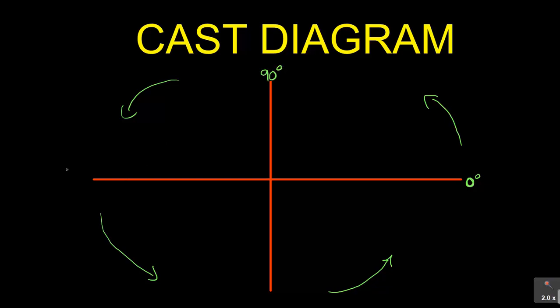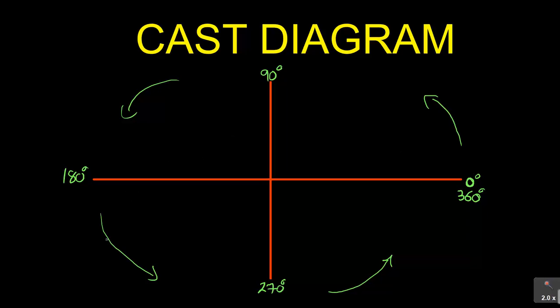From 90 degrees we go to 180 degrees. From 180 degrees we go to 270 degrees. And from 270 degrees we return back to where we started from, which is now 360 degrees. We call that a complete cycle or a complete revolution. So this is how we're moving. Remember the direction. We oppose the clock and we say it's anti-clockwise.